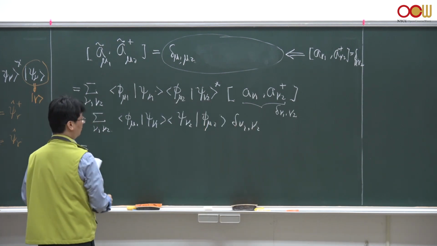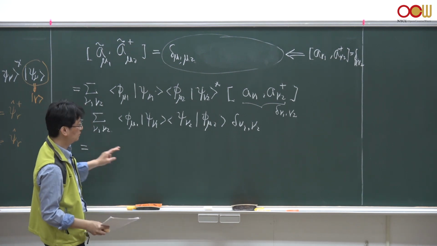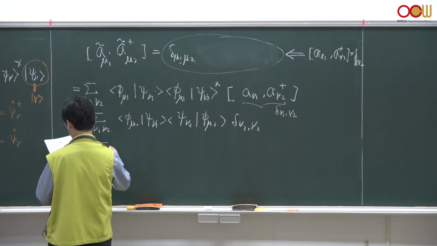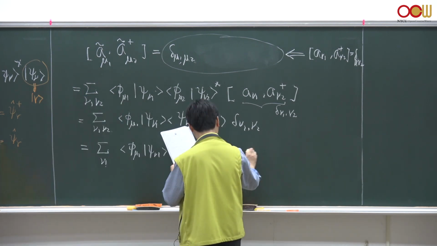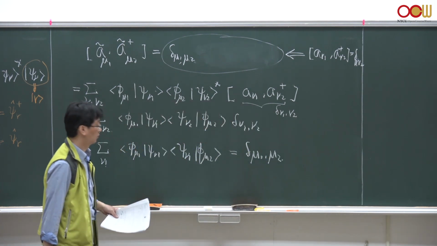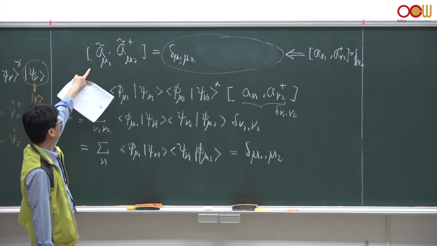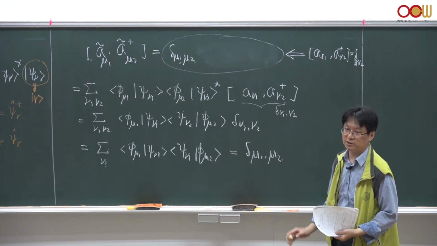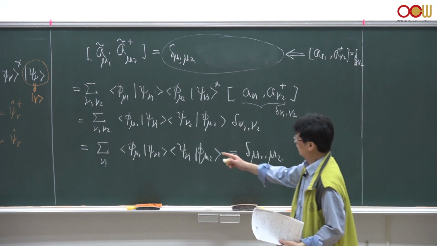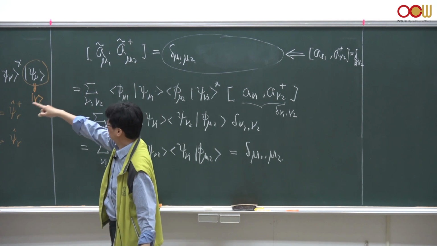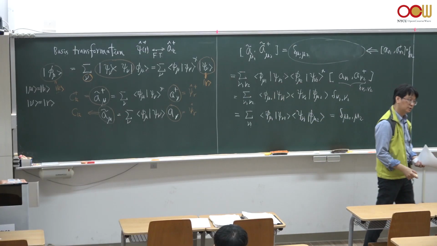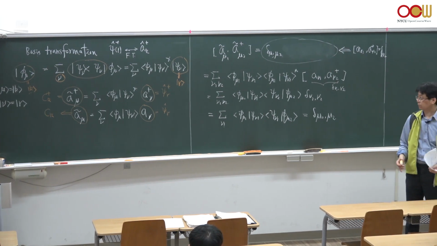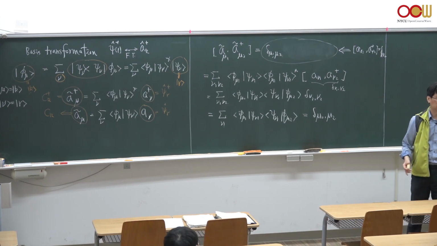And we can sum over one of these nu, say nu2, by using this delta function here, and therefore the summation is just over nu1, and therefore we recover the correct anti-commutation rules for the theta operators defined in the space mu. And this is not surprising because, as I mentioned, both eigenbases mu and nu are orthonormal eigenbases, and therefore the commutation rules and anti-commutation rules are perfectly satisfied in both spaces.